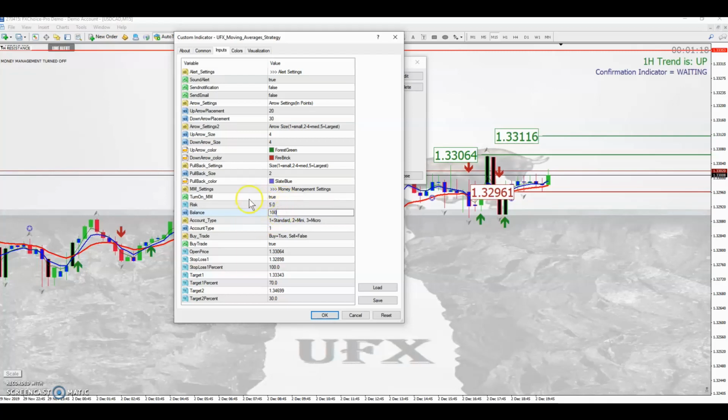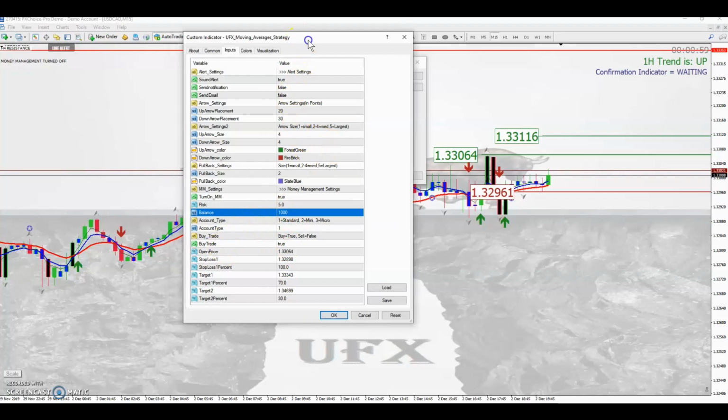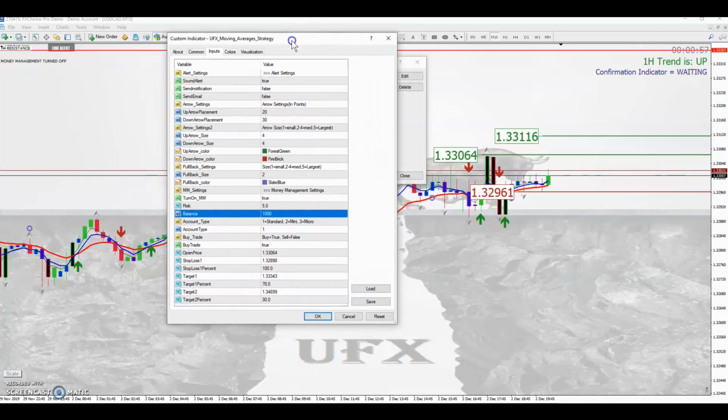So you don't have to risk your full balance of your account. You could split your account up if you wanted to. But we're going to go based on 1,000. 5% of 1,000 is going to be about a $50 risk. And then we'll just see if our risk reward is half decent on this trade, and if we're going to take the trade.